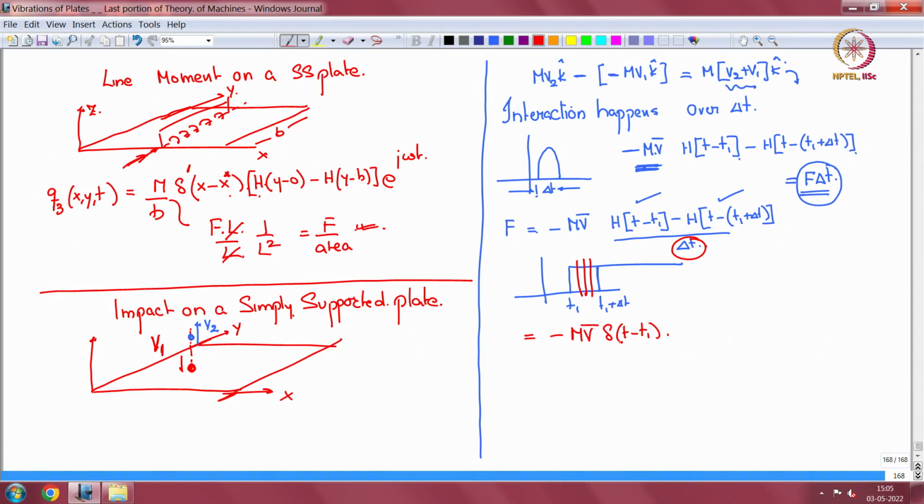This is the force. This is the force descriptor. Okay. So I have Q3(x, y, t) is minus mv bar delta(t minus T1), and let us say the impact is over a point, all hypothetical situations, delta(x minus x star) delta(y minus y star).